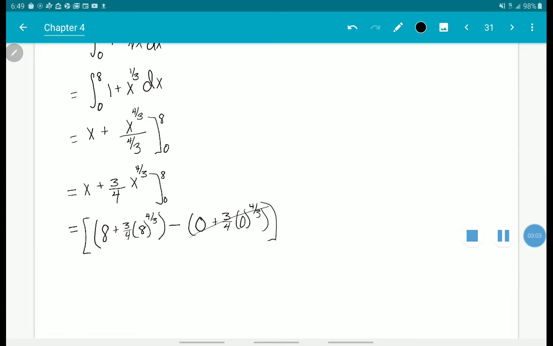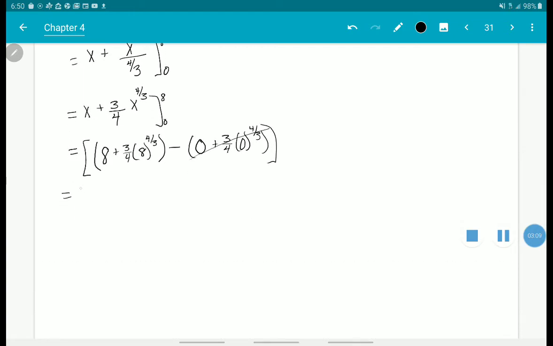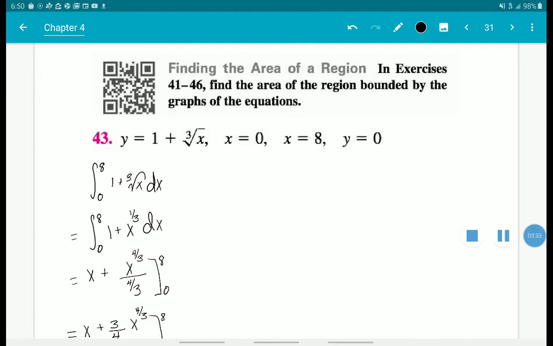So I'm going to cross that out since that's going to be 0. So we have 8 plus 3/4. If we take 8 and raise it to the 4/3, we're going to get 16. So our final answer will be 20. So this is just another way of asking us to use the fundamental theorem of calculus and evaluate what that area would be between the curve and the x-axis.